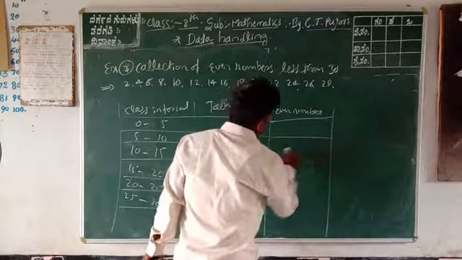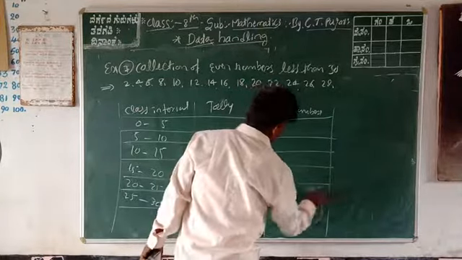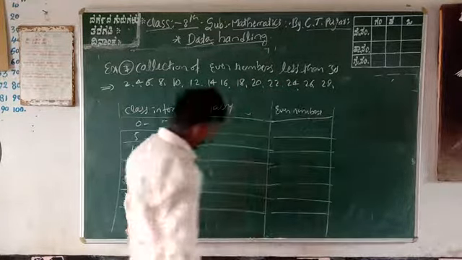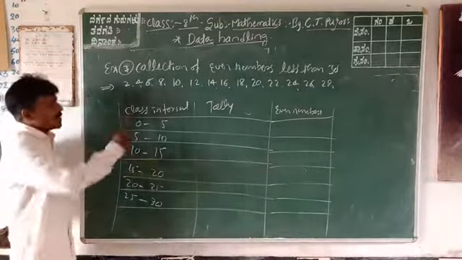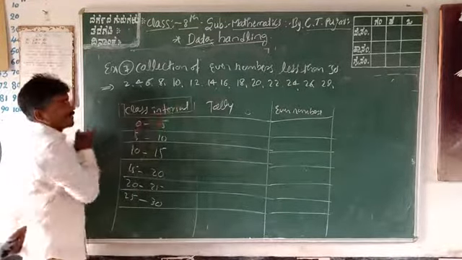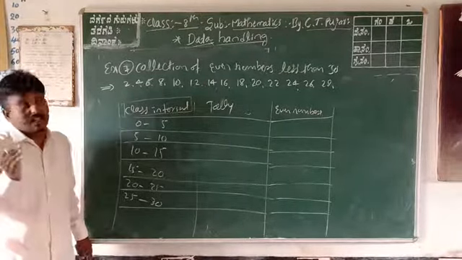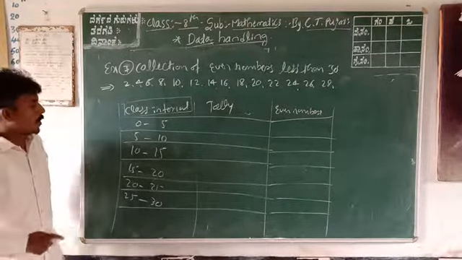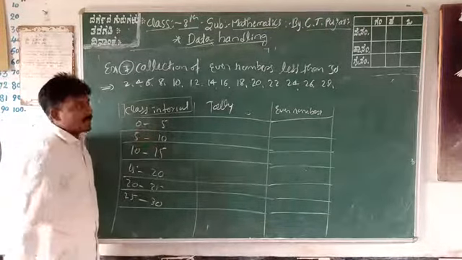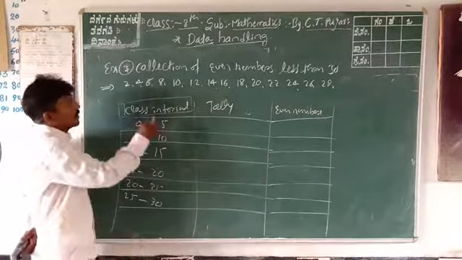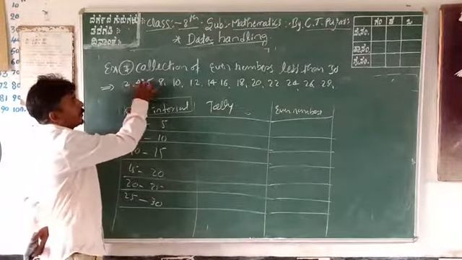This is your class interval. What is the meaning of class interval? The class interval is the collection of data group-wise. For 0 to 5, how many even numbers are here? Only 2.